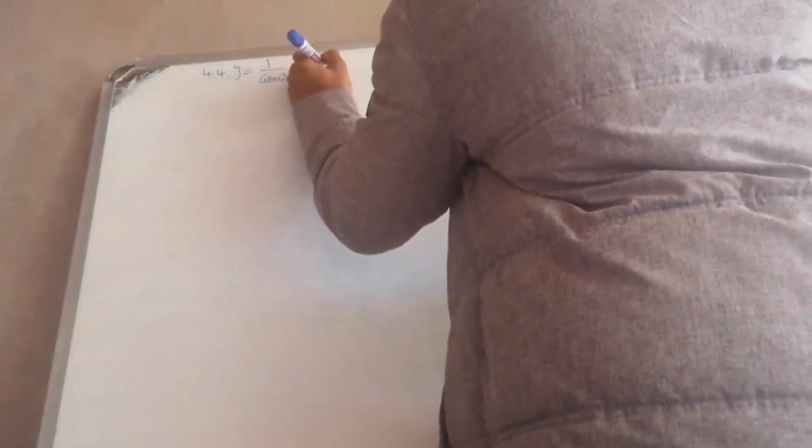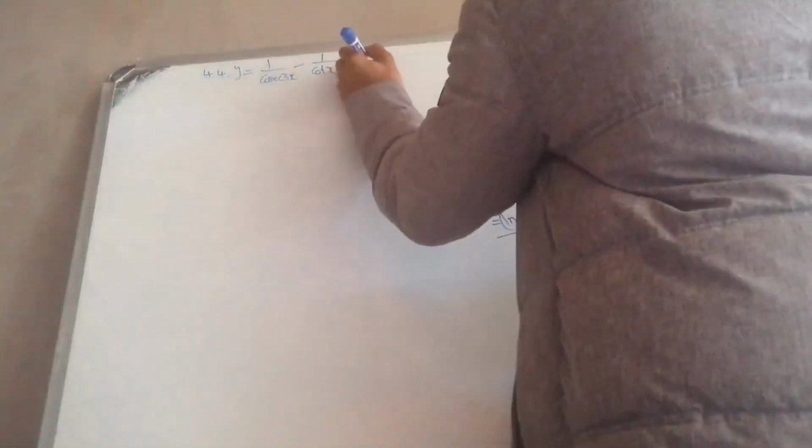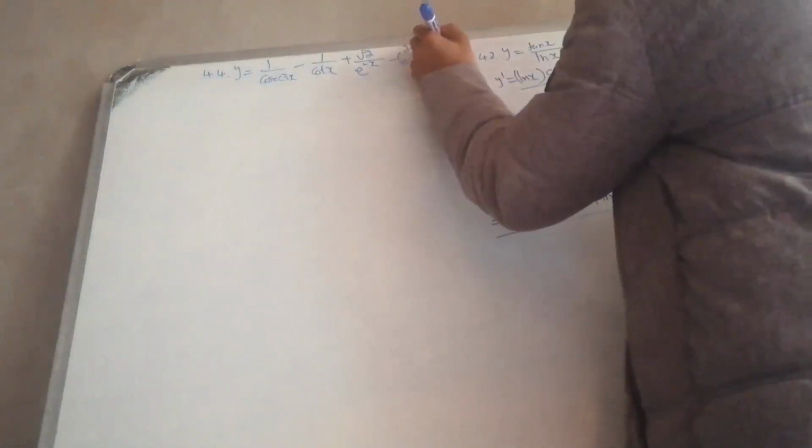y equals 1 over cosec 3x, minus 1 over cot x, plus root 2 all over e to the minus x, minus 6 exponent of 2x, plus 2 pi over p.